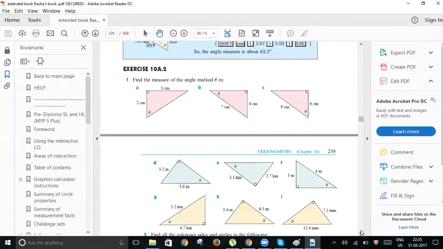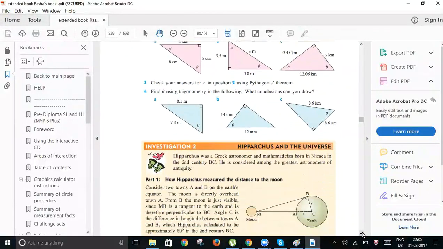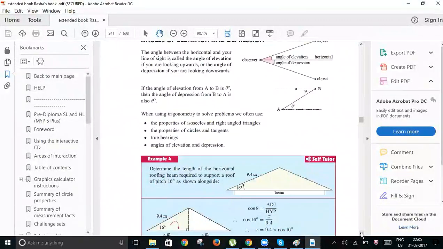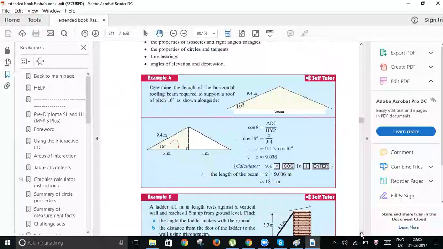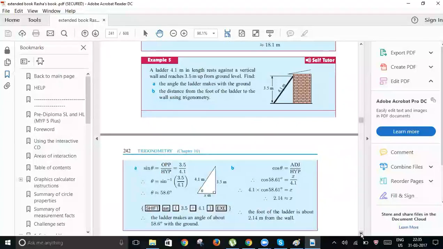This is chapter 10. Which exercise should I go to?